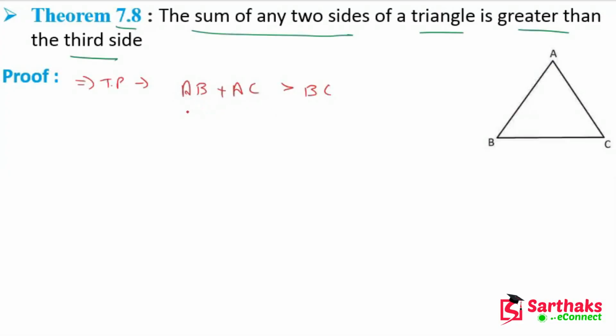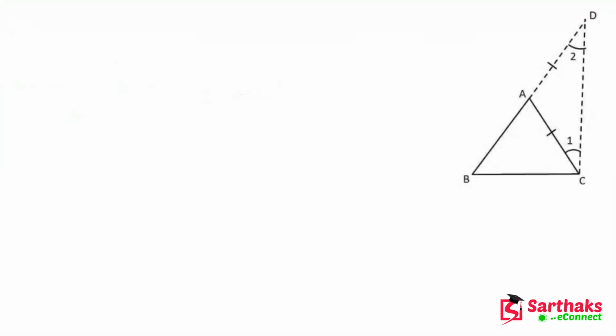Now in this we have to do a construction. What is the construction? You can see that we are extending AB to point D such that AD is equal to AC.